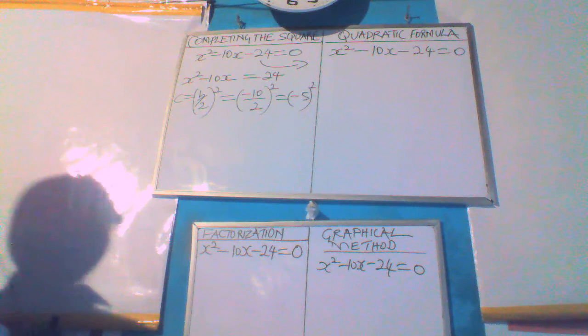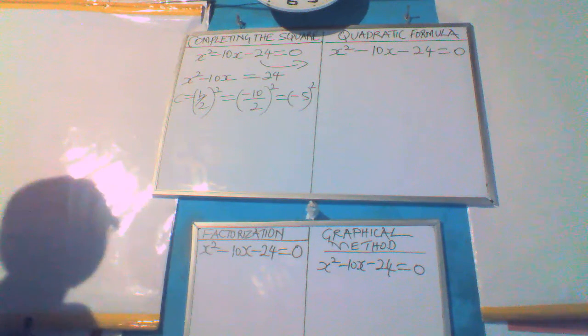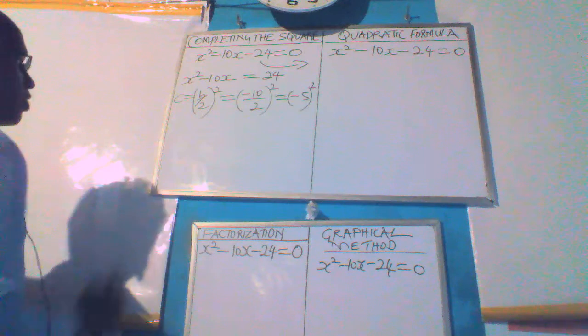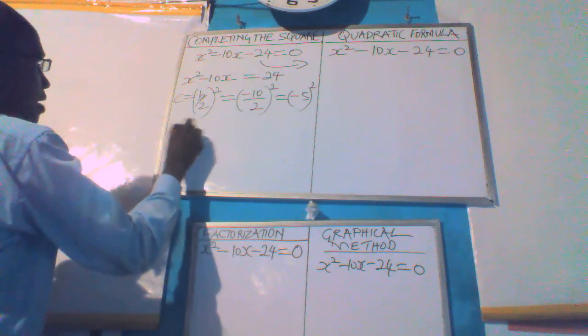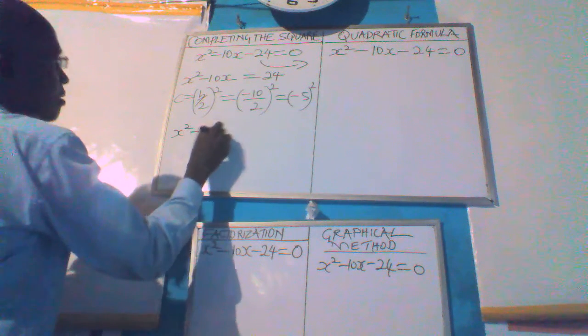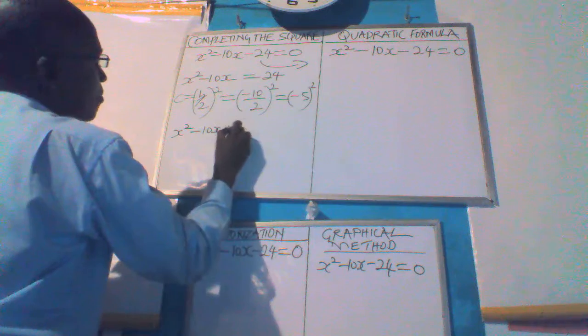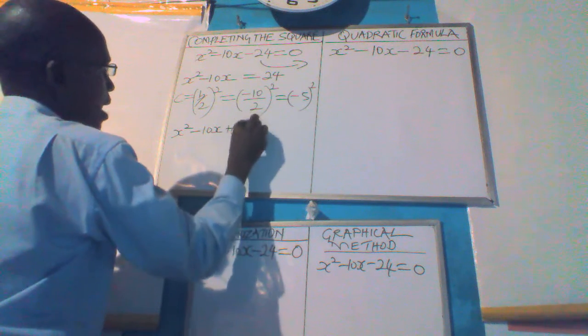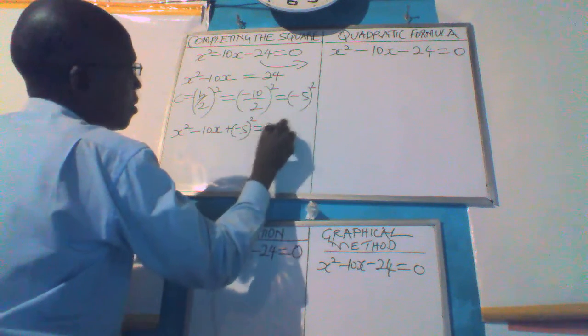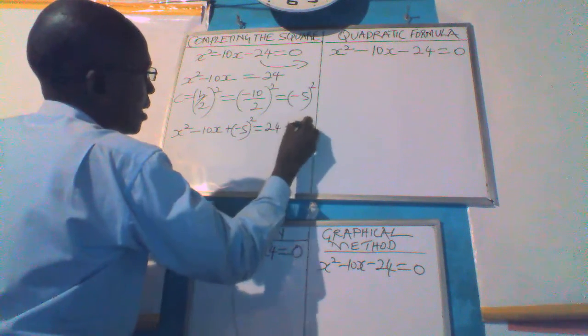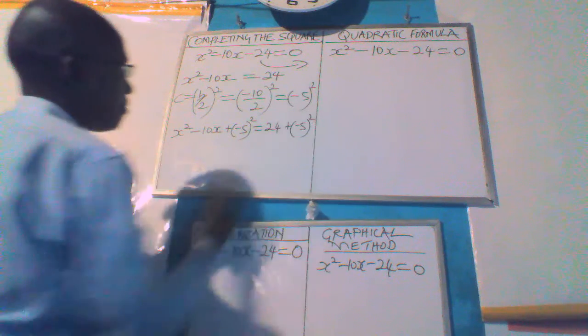The fourth step is to introduce this new c on both sides of the expression. We have x squared minus 10x plus (minus 5) squared is equal to 24 plus (minus 5) squared.